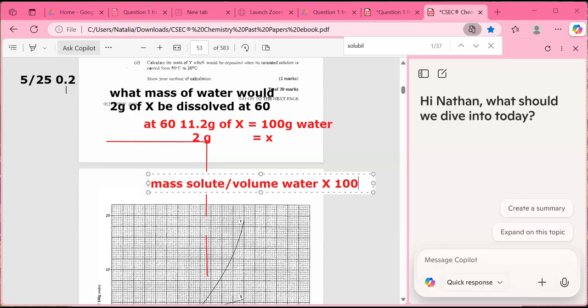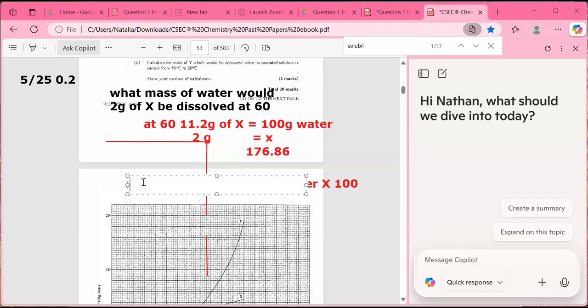My answer is 17.86. So here we know the solubility is 11.2.